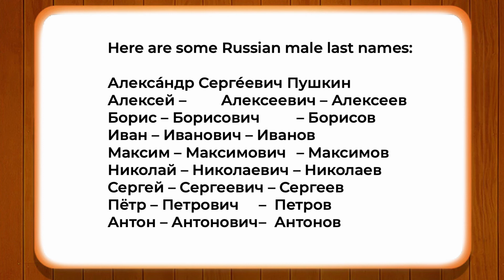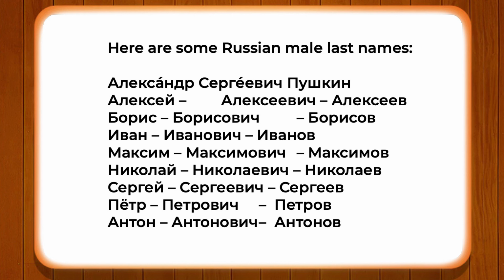For Maxim, it would be Maxim, Maximovich, Maximov. Maybe the father is also called Maxim. The son is also called Maxim, and the family name is also from the word Maxim when it becomes Maximov. Nikolai, Nikolaevich, Nikolaev.